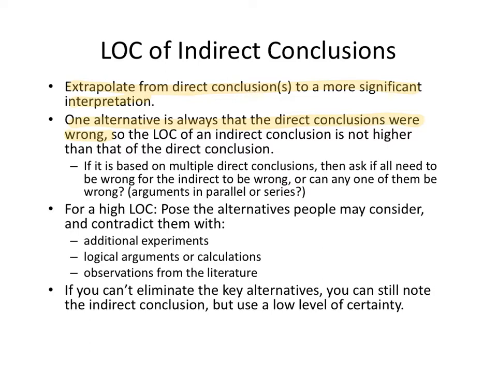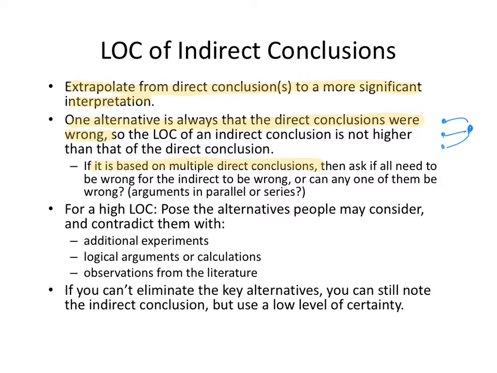Note that if something is based on multiple direct conclusions, we need to ask a question. If we had these conclusions, can any of them be right to bring our conclusions? That is, they were increasing our level of certainty by adding additional evidence, in which case we really worry about the most certain of them, not the least certain, and all of the other ones add to certainty even if they're uncertain.